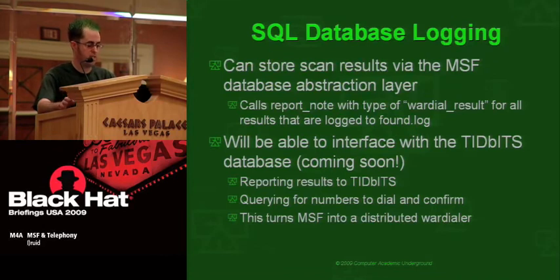I'm intending for that to be just a massive database of any system that's attached to a telephony device of any kind. The point of doing this is you can then have multiple Metasploit war dialers feeding this database, and eventually it'll be able to pull targets back out of the database that need to be verified, that may have been submitted anonymously, things like that, essentially turning it into a distributed war dialer.